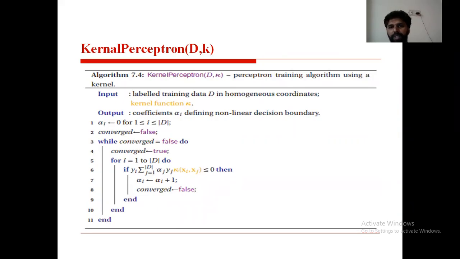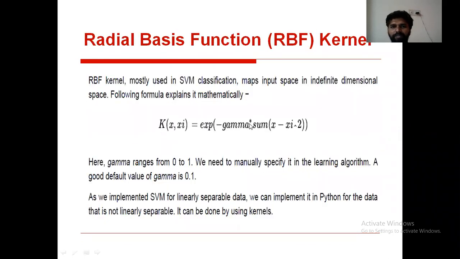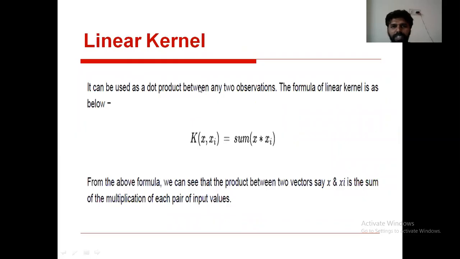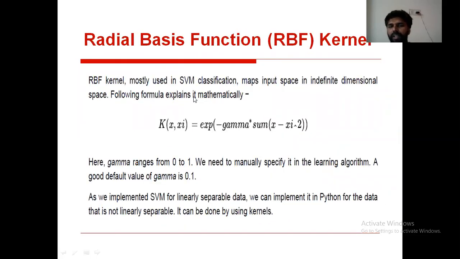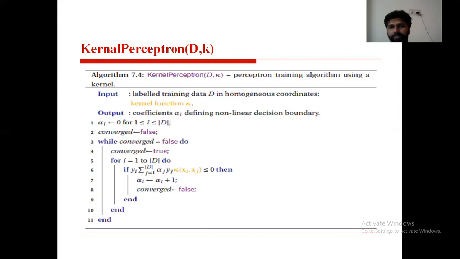What is the algorithm we are using? Kernel perceptron of D comma K. Once again, I'm repeating: here D is the set of training instances from dataset D, and K is the kernel function. Here the kernel function varies based on the kernel we selected. That may be a linear kernel, polynomial kernel, or radial basis function kernel.